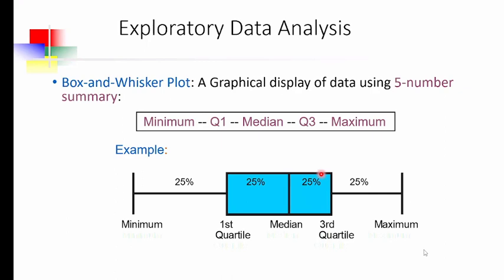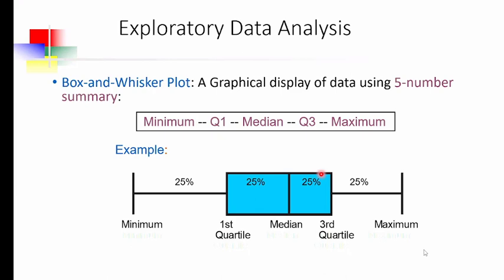Then another main exploratory data analysis tool is the box and whisker plot. This is also very important because when we are doing our research methodology subject and the fourth year research, to get some insights regarding the variations of the data, you have to use the box and whisker plot.